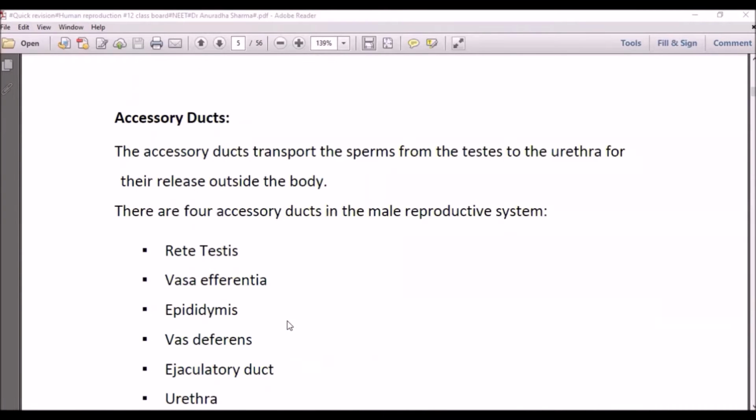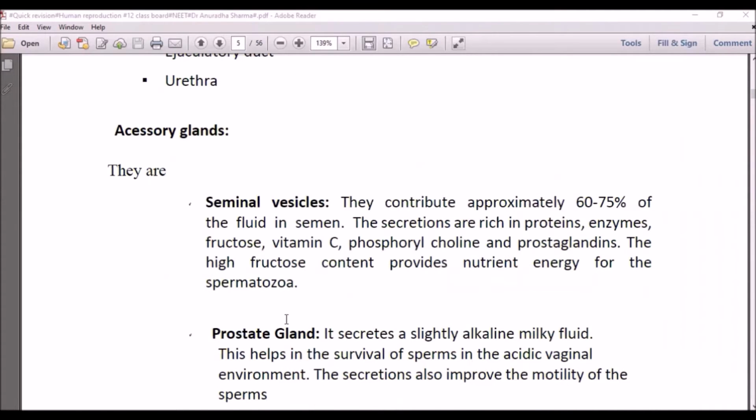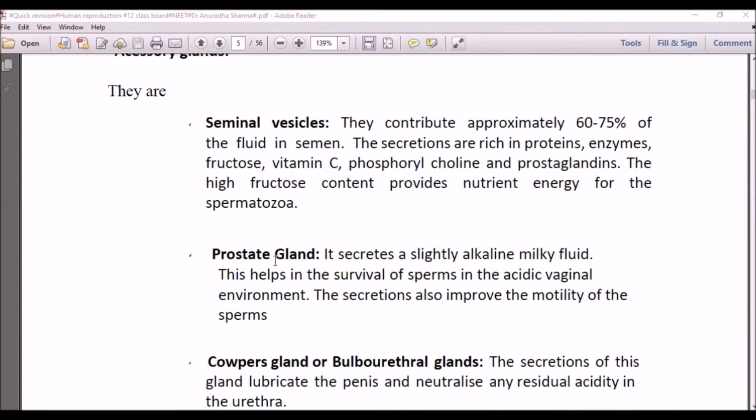Now apart from these accessory ducts, there are accessory glands. These accessory glands are first seminal vesicle, prostate gland and Cowper's gland, which is also known as bulbourethral gland.